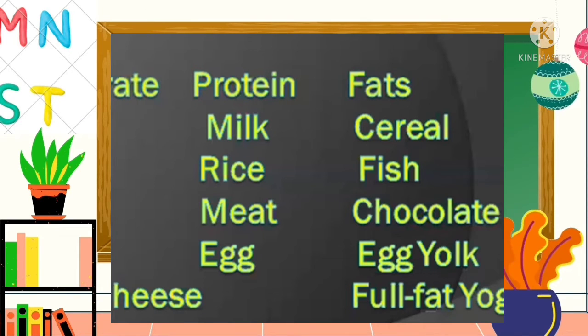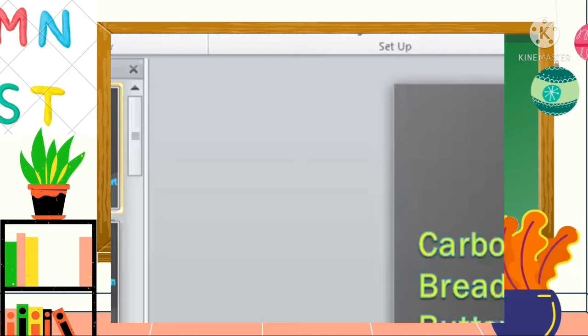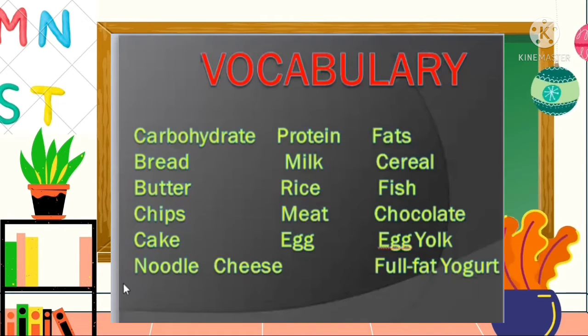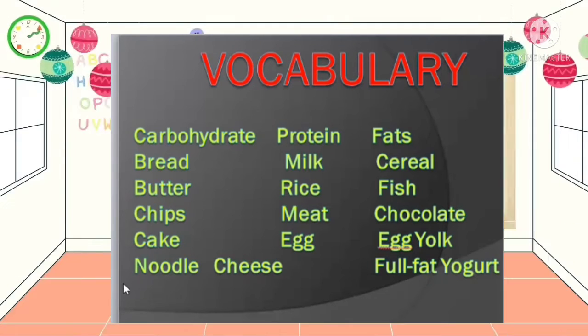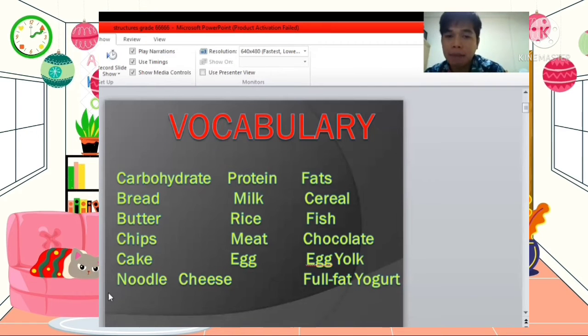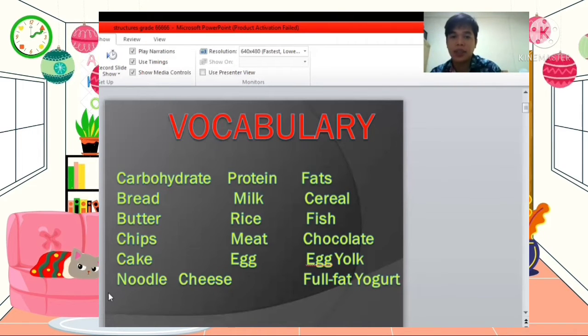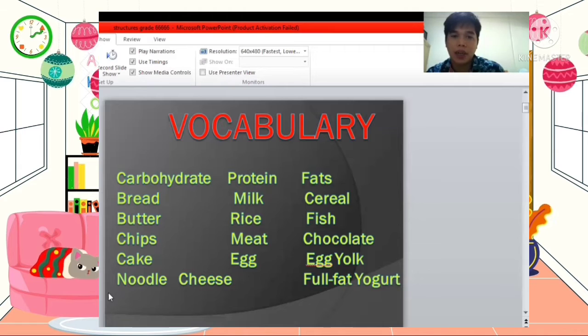Let's read our vocabulary for today. We have carbohydrates, bread, butter, chips, cake, noodles, protein, milk, rice, meat, egg, fats, cereal, fish, chocolate, egg yolk, and full-fat yogurt. Repeat after me, students. 1, 2, 3, go.